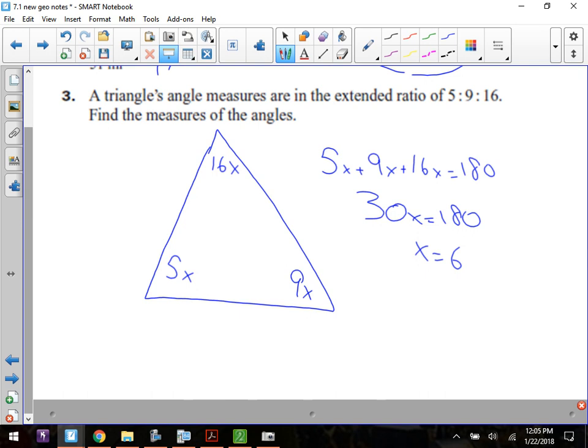Real quick, it was 60. 60 times 9 is 540. I don't think that's an angle in a triangle. But that's the thing, if it was multiple choice and you saw a 60, be careful. Now here it just says find the measure of the angles. What do you do with that value of 6? You substitute that.